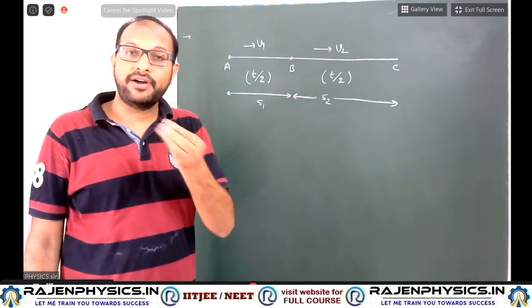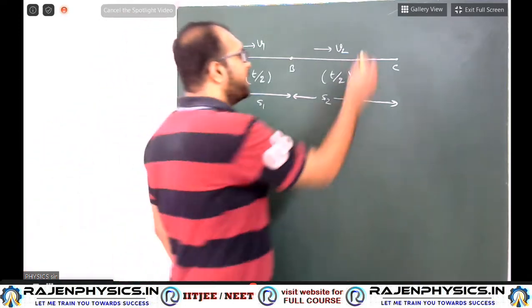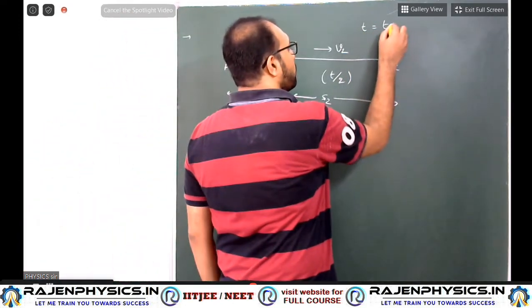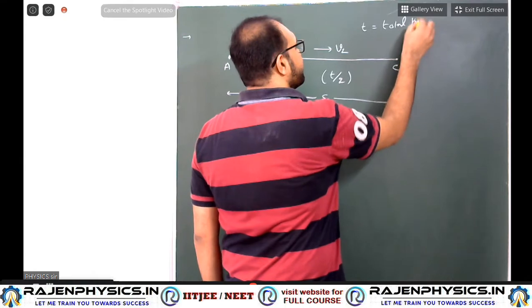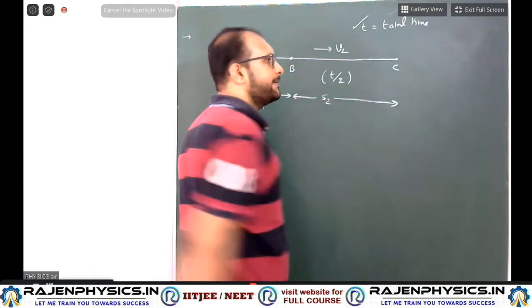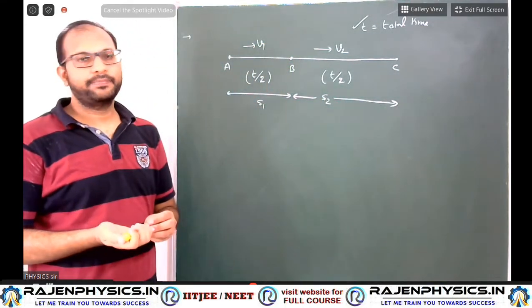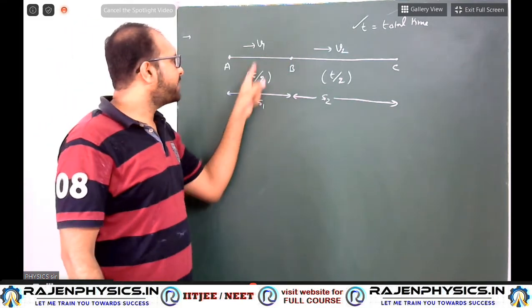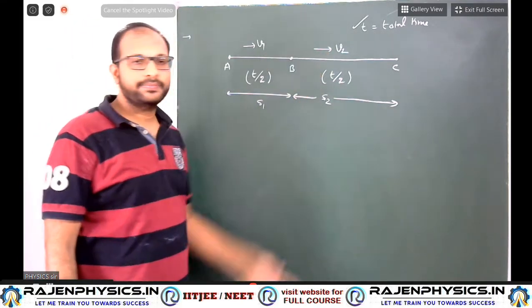Now here it is half of the total time of journey. So here t equals the total time of journey. In that total time, half time v1, half time v2.